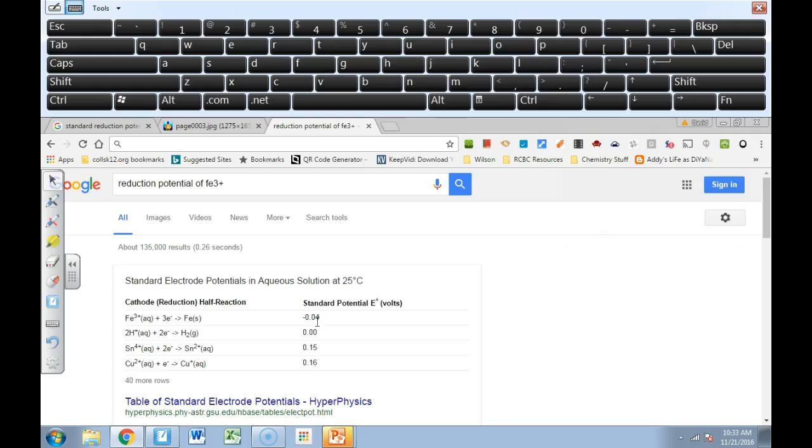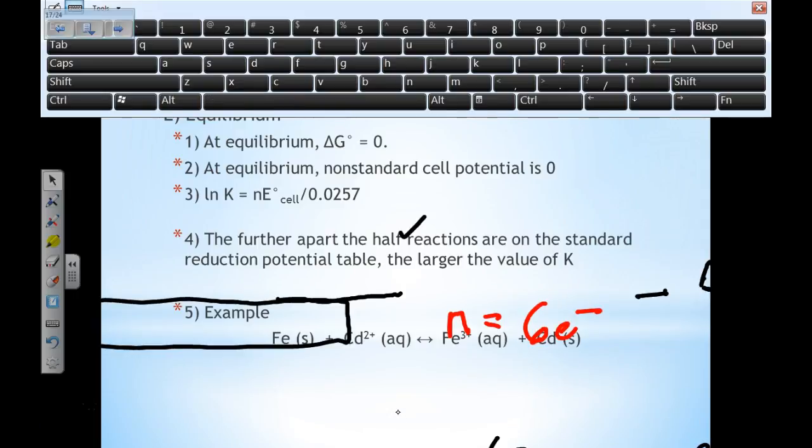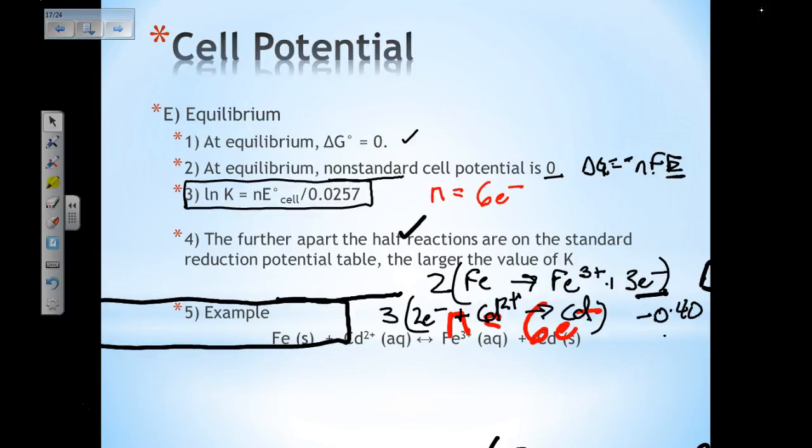I just did a little search, and the reduction potential for iron, at least that's what Google's telling me, is negative 0.04.